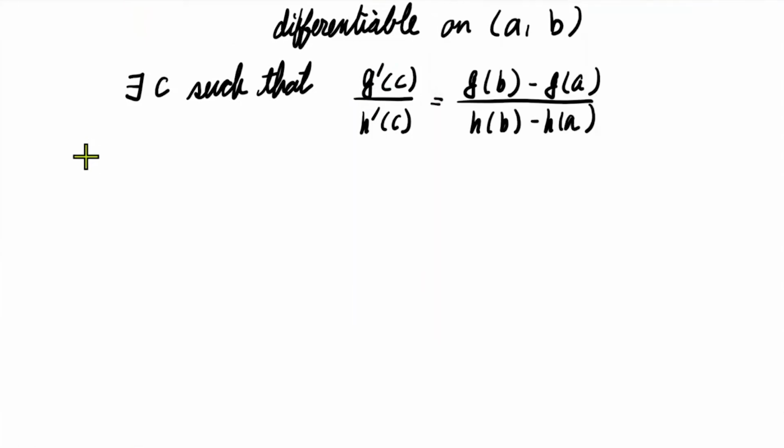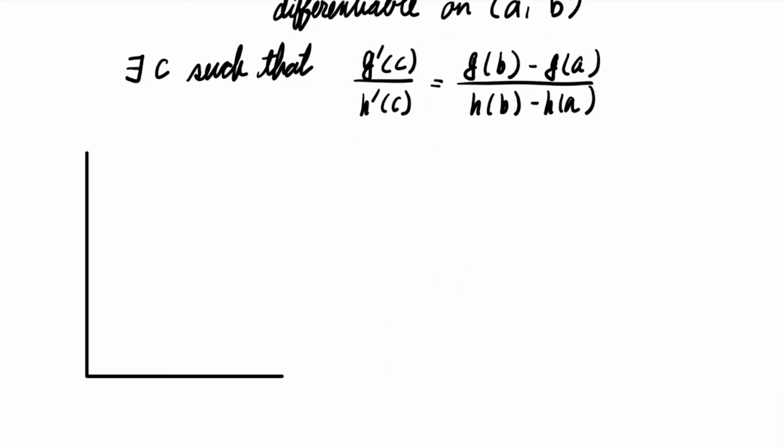So here's a picture. This side is g of x. This side used to be x, but I'm going to put h of x now. Kind of like a parametric plane. It used to be x and y, and t was your independent variable. So t is your independent variable, and this is h and g.